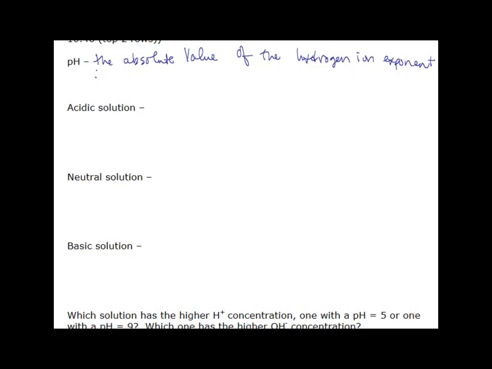So for example, if I have the hydrogen ion concentration as 10 to the negative 3rd, the pH is just the absolute value of that exponent. So the pH, or the power of the hydrogen ion concentration, that's what pH stands for, is 3.